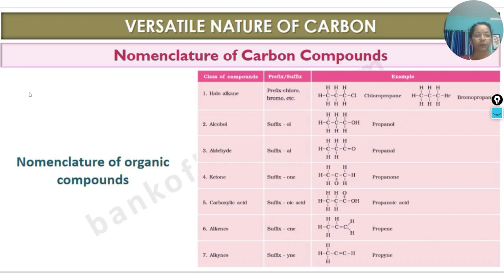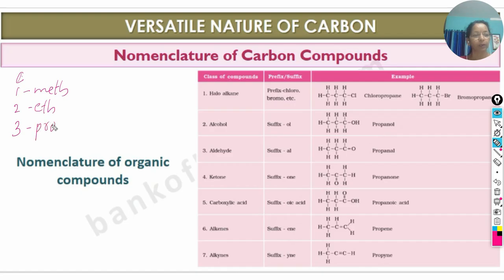I'll tell you: if the carbon atom is 1, we use meth. 2 carbons, eth. 3 carbons, prop. 4 carbons, but. 5 carbons, pent. Hex, hept, like that it goes.